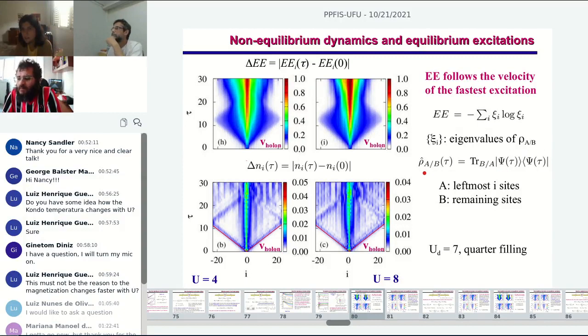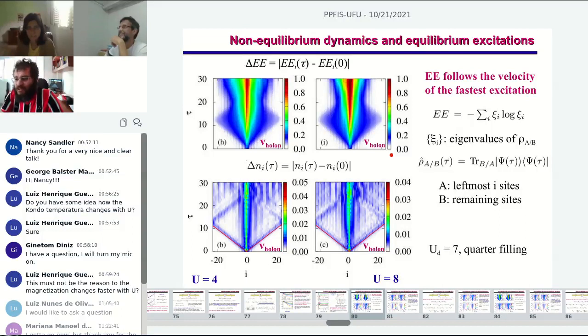But indeed, this is the same for both: if you want to do the one for part A, you trace out part B, or the opposite. So here you calculate at many positions. Here the partition A is increasing and partition B is decreasing. That's the meaning of this x-axis over here.